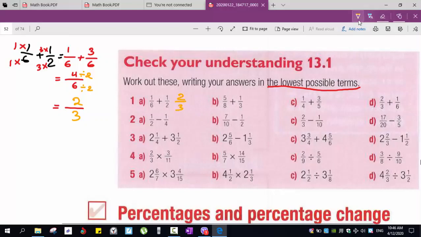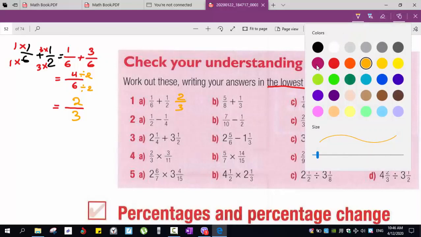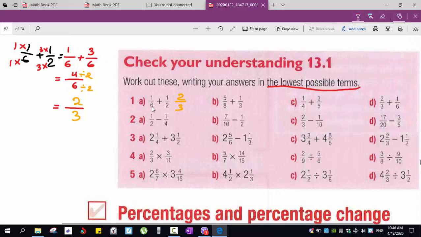Question 1b. A was a simple case because 6 is a multiple of 2, so easily we can get the common denominator. What if we have something like this, 8 and 3, where none of them is a multiple of the other one?